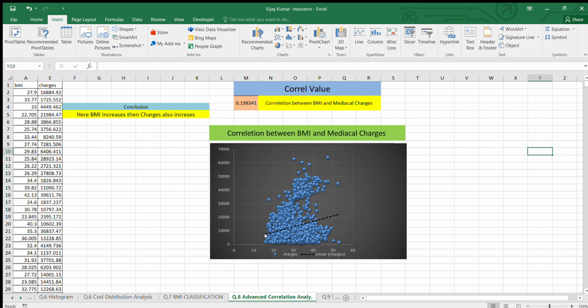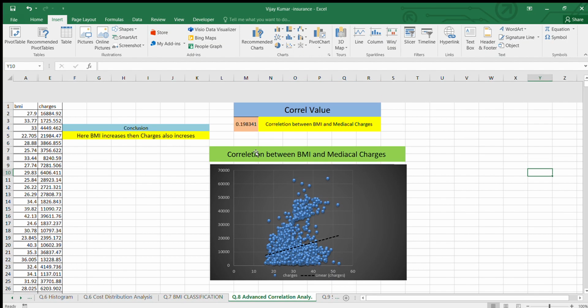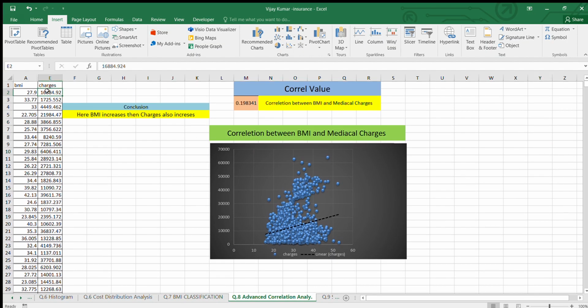When we increase the charges, the linear charges are also increasing. So here I can say that when we increase, it will also increase slowly. As the BMI increases, the charges also increase. Final conclusion: we have calculated this from the table of BMI and charges, and created the histogram.